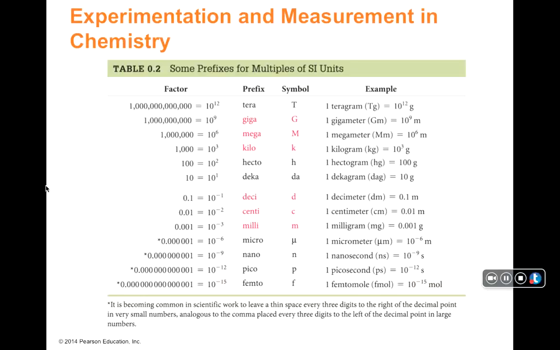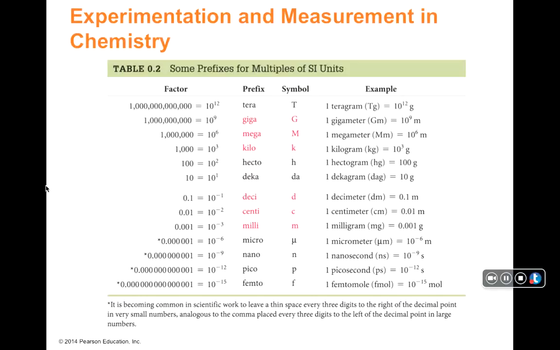Here you see some prefixes for how we determine either multiples of units or portions of a unit, say a centiliter or a milliliter, what those mean mathematically. You should be able to convert from any one of these to the other, or from any one of these to the main unit. So say, for instance, a decimeter to a meter, or centiliter to a liter.